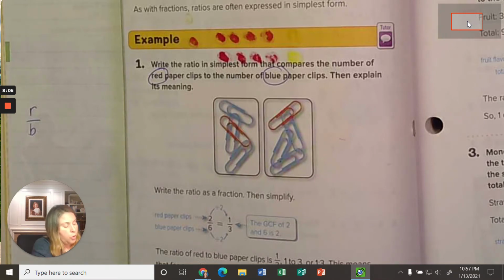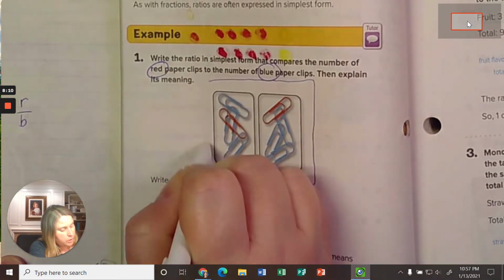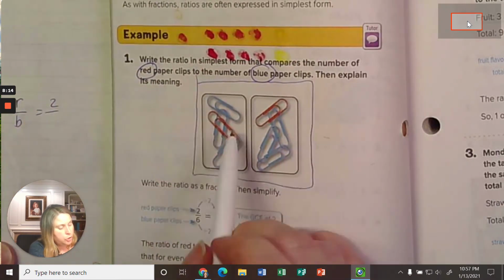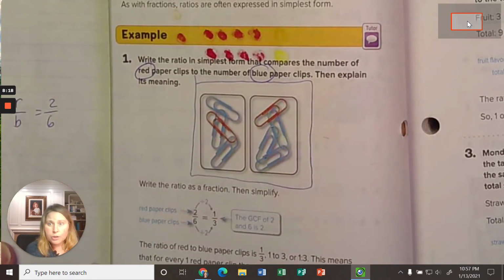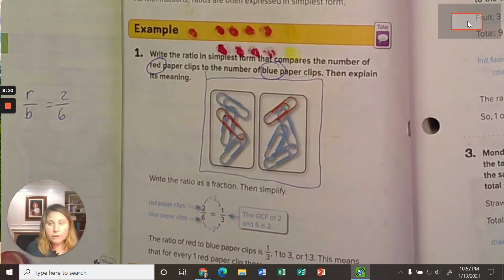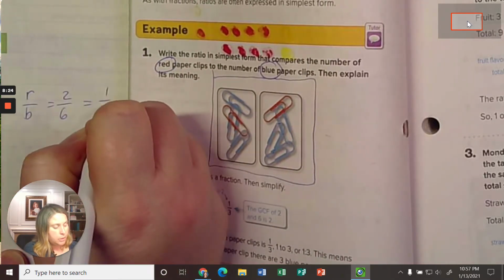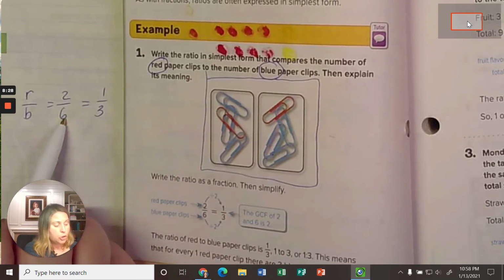So in the whole entire group, there are 2 red, 1, 2, 3, 4, 5, 6 blue. Okay, so that ratio is 2 to 6, and an equivalent simplified ratio would be 1 to 3, because 2 divided by 2 would give me 1. 6 divided by 2 would give me 3.